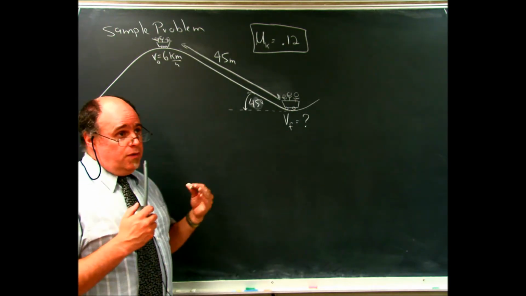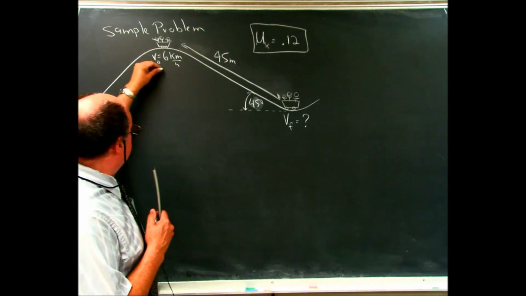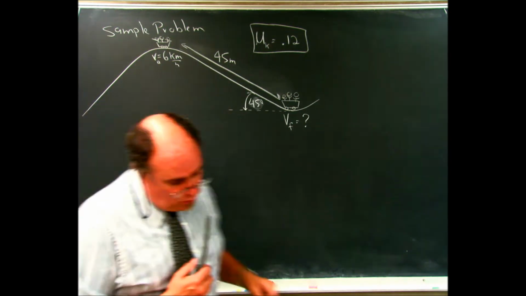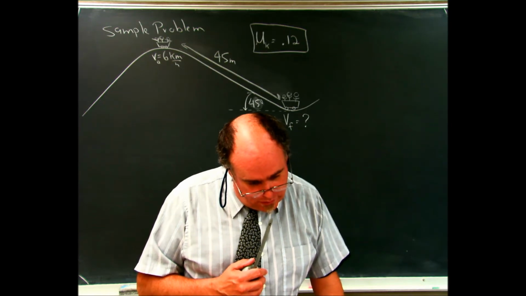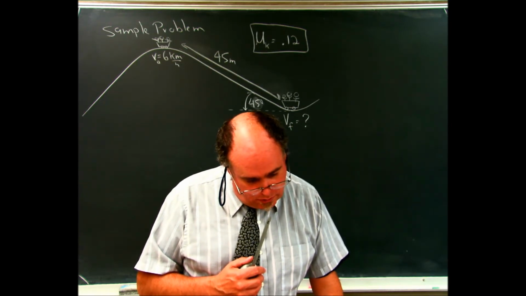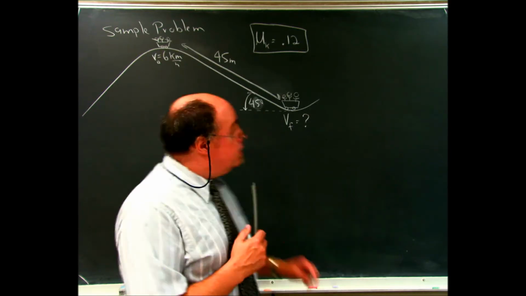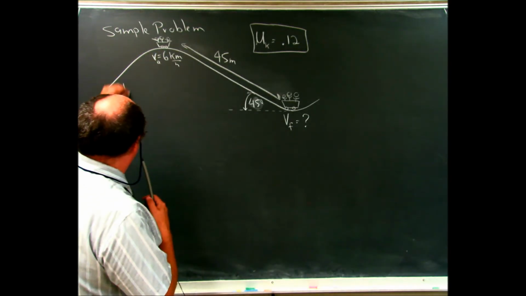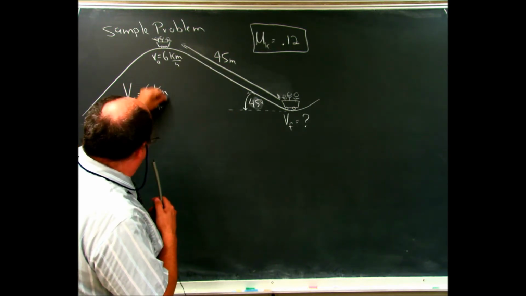So the first thing I would do is I would convert. Oh, they gave me one more piece. Did they give me more information? No. Okay, so the first thing I would do is I'd convert this. The initial velocity, they say 6 kilometers per hour, but I have to convert that.